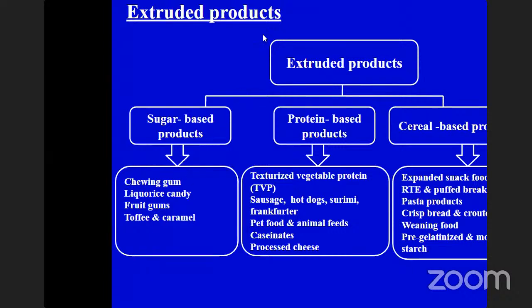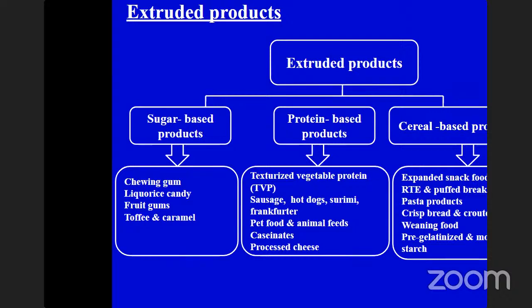After discussing the details of extrusion cooking and the quality of extruded products, now I am going to discuss the different extruded products and their processing methods. We have three types of extruded products. The first is cereal-based products, such as expanded snack foods, ready-to-eat and puffed cereals, breakfast cereals, pasta products, crisp bread and croutons, and weaning foods.